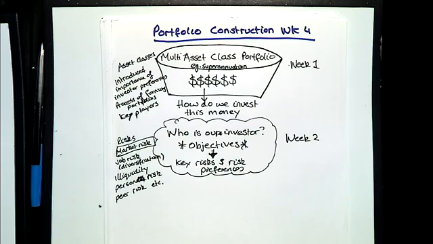I have a strong preference for Australian assets, so I would like at least 50% of my money, or maybe even 70%, invested in assets domiciled or based in Australia.